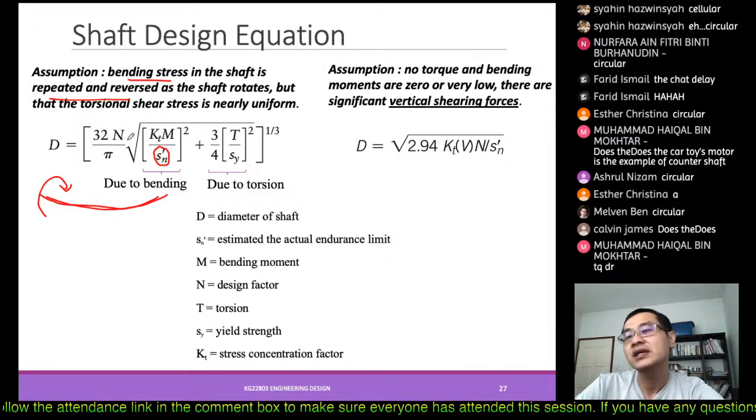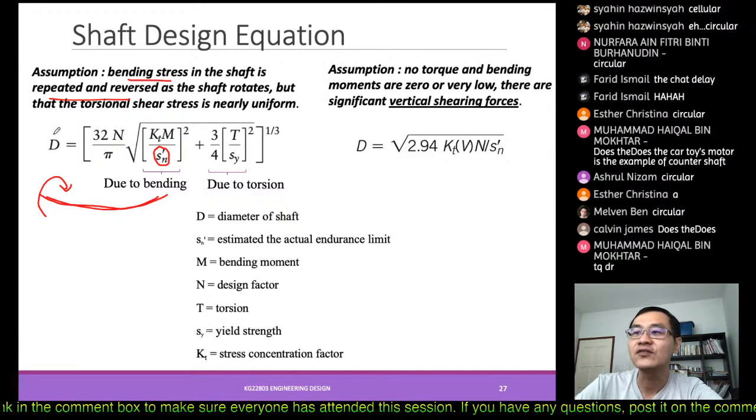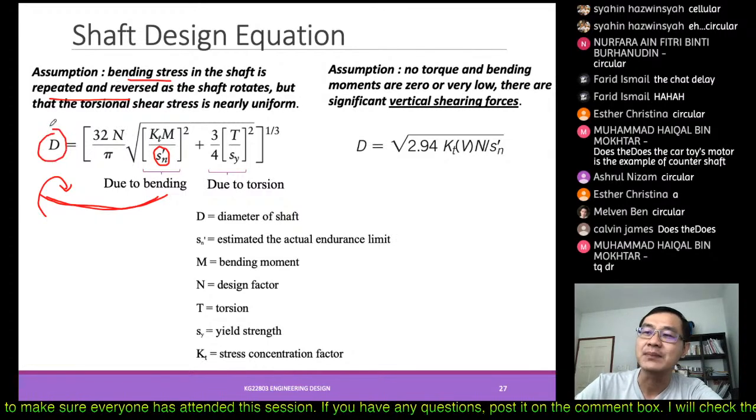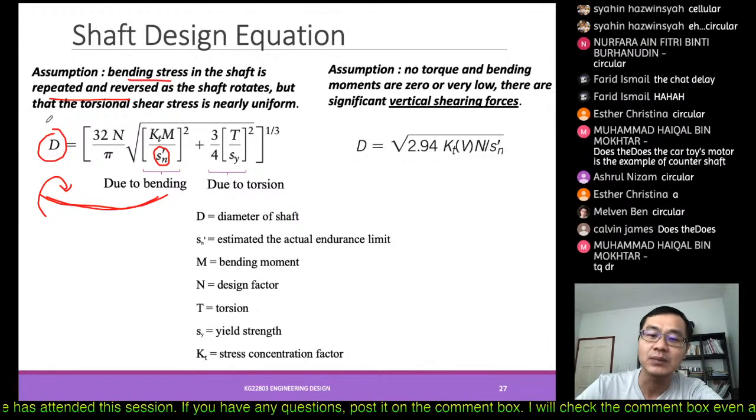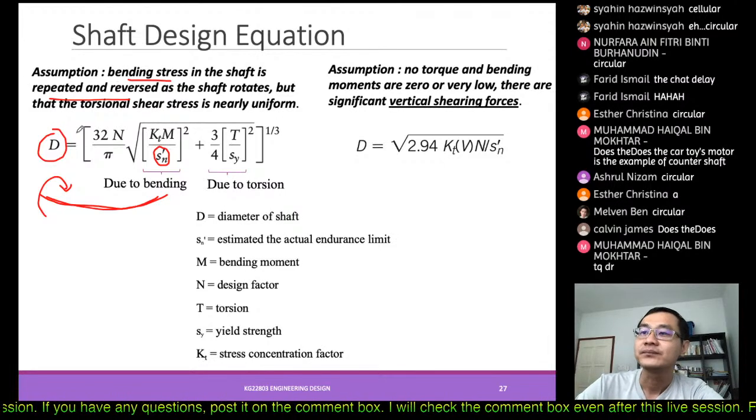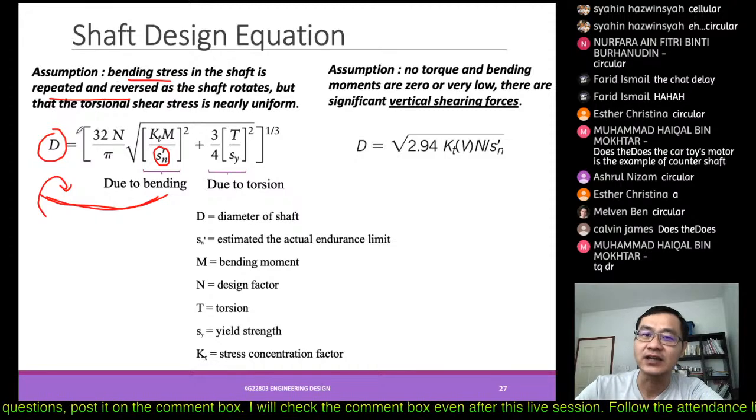In order to design the shaft, this D represents the minimum diameter of the shaft, based on the theory of the material.